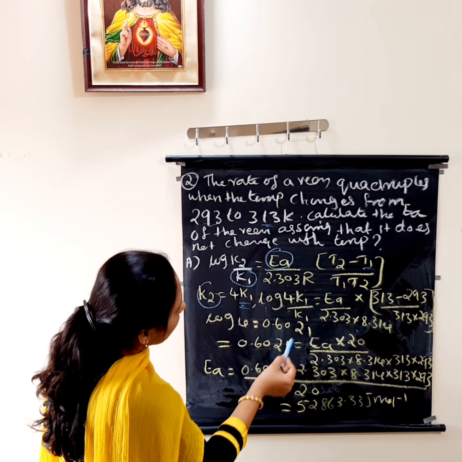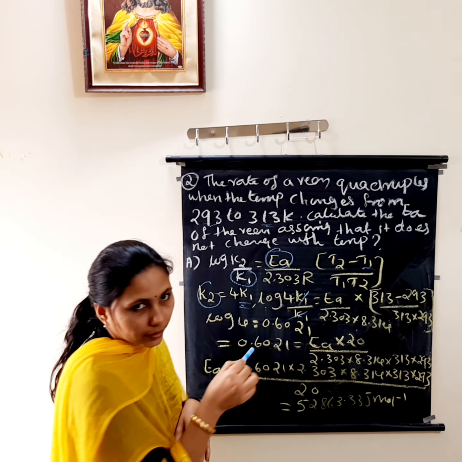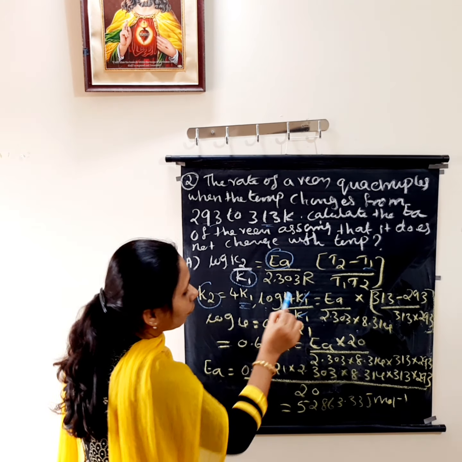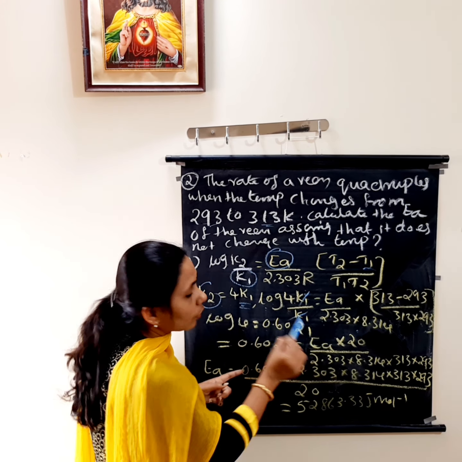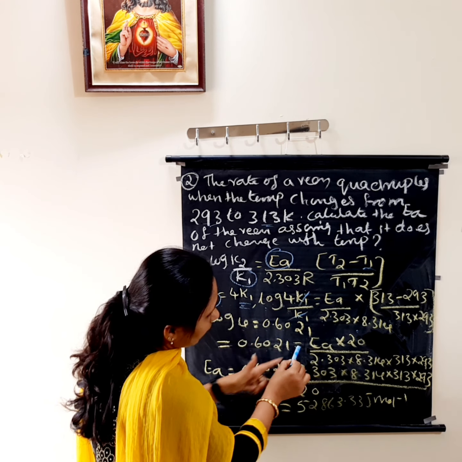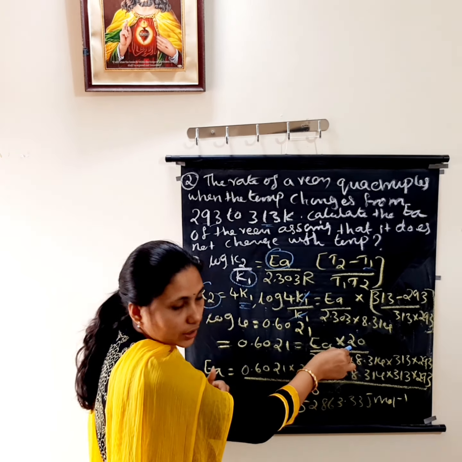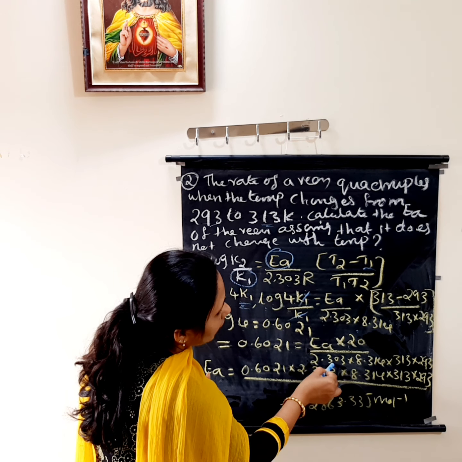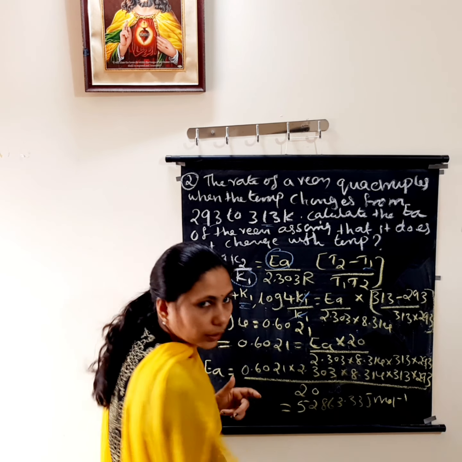Log 4 K1 divided by K1, K1 and K1 will cancel, and we get log 4. What is the value of log 4? It is 0.6021. Substituting that value, 0.6021 equals Ea into 313 minus 293, how much is it? 20, divided by 2.303 into 8.314 into 313 into 293.